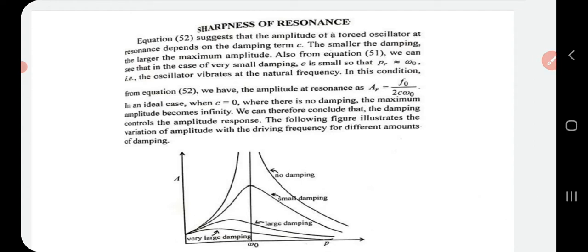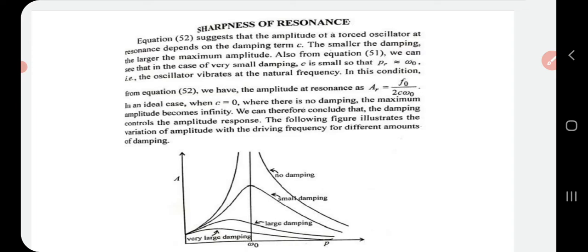Now here, equation 52, as already discussed, suggests that the amplitude of the oscillator at resonance depends on the damping term. C is the damping constant. The smaller the damping, naturally the larger the amplitude of oscillation, or the amplitude will be maximum.